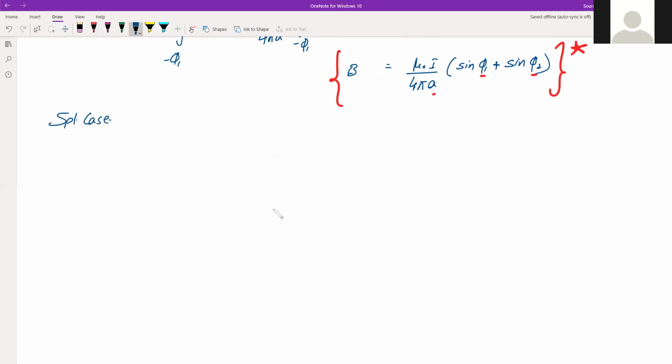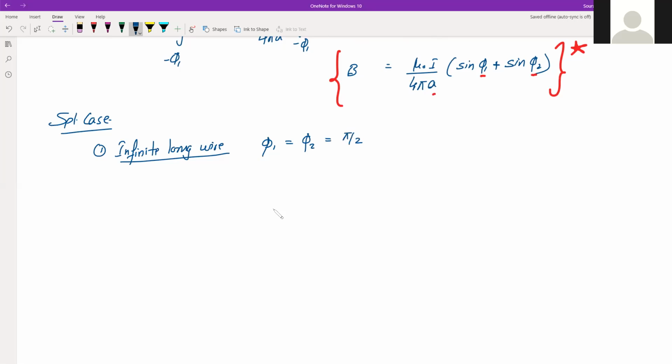The first special case, and the most important case, is when this is an infinitely long wire. So we don't have the length here, but we have the angle phi. In that case, phi1 will be equal to phi2 will be equal to pi by 2.